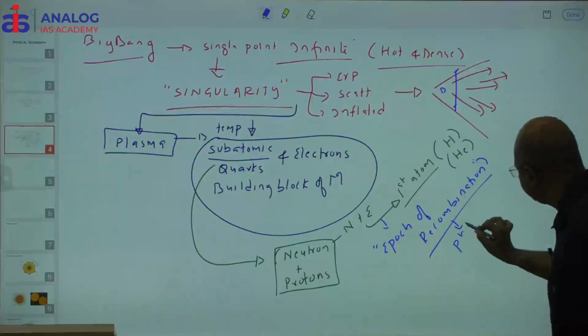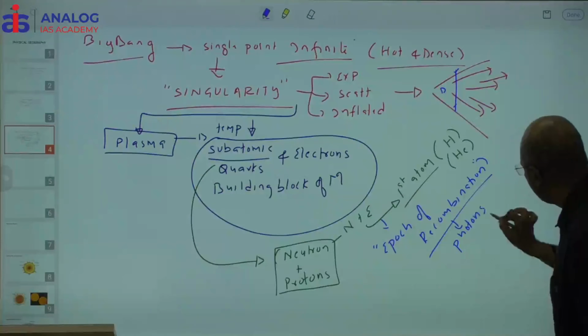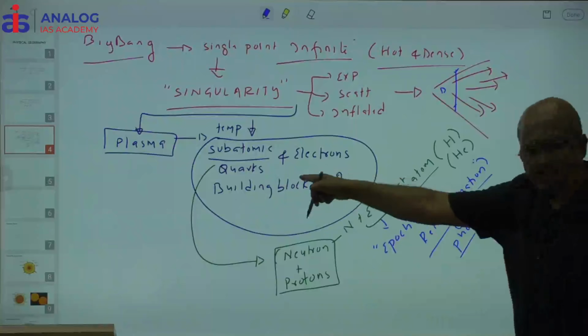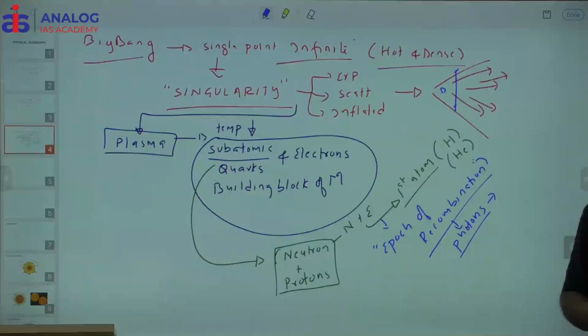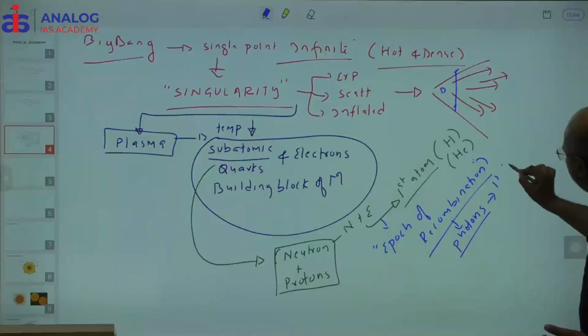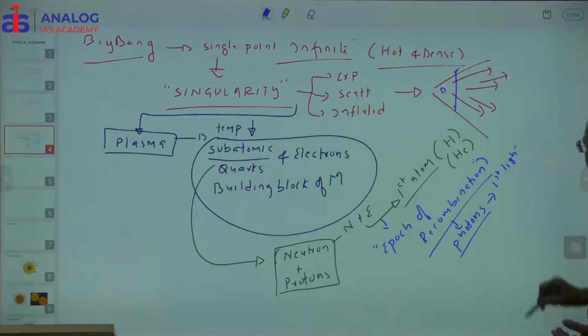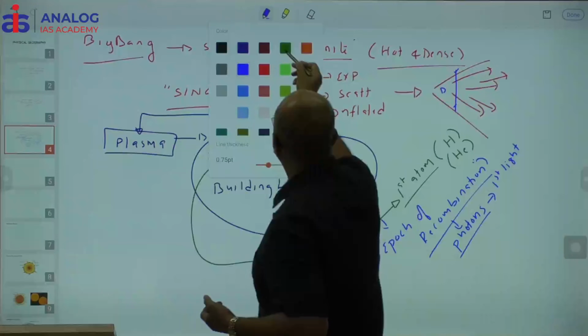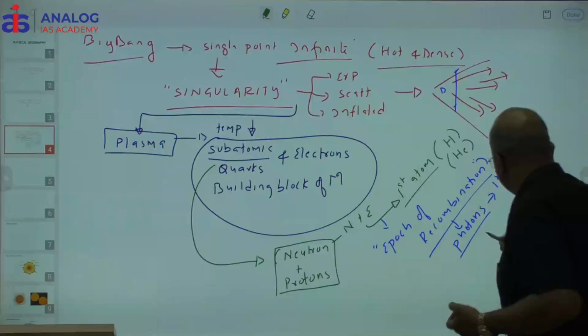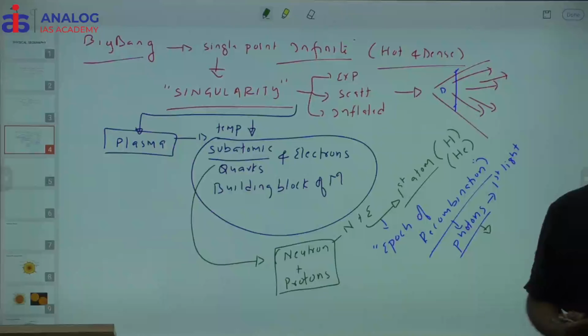Photons escaped from the plasma, and these photons which escaped from the plasma are referred to as the first light after the Big Bang. What is the name given to this?